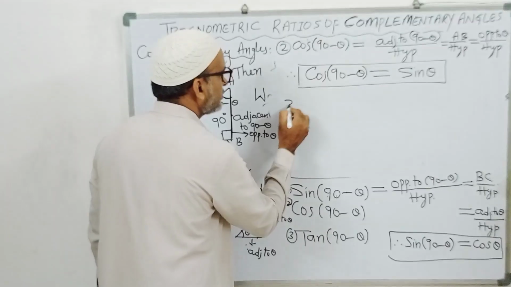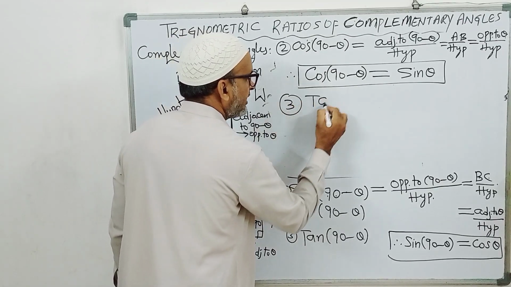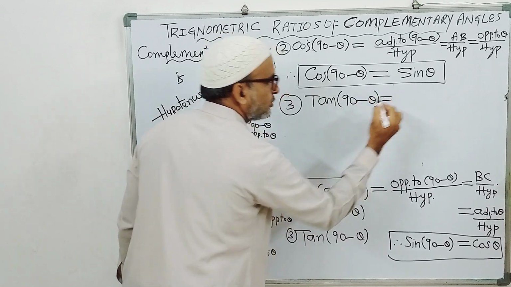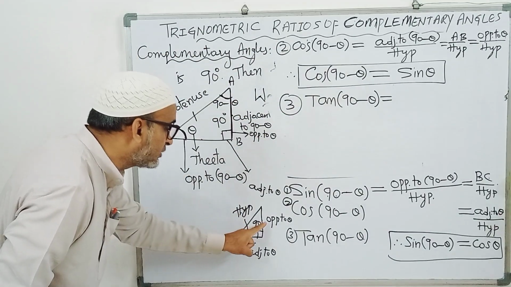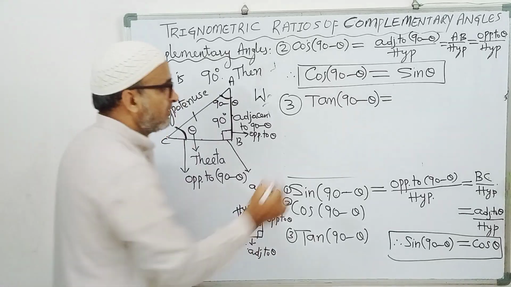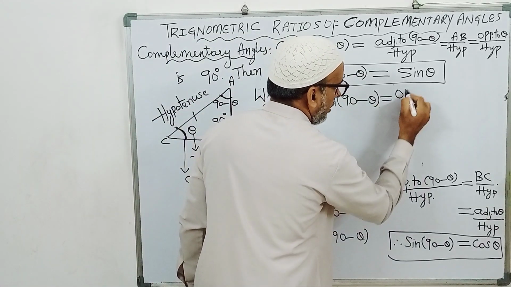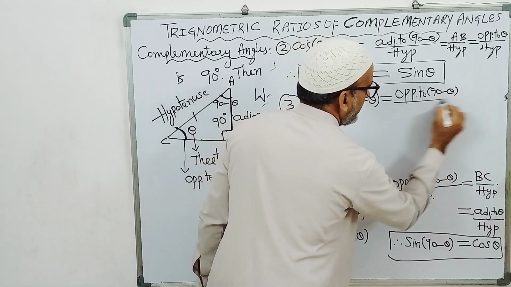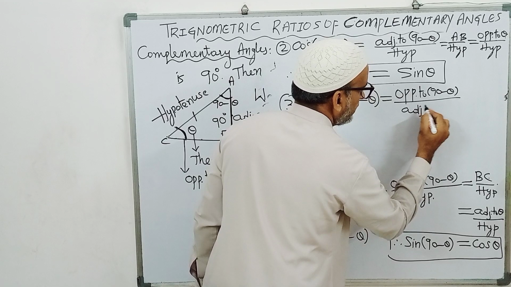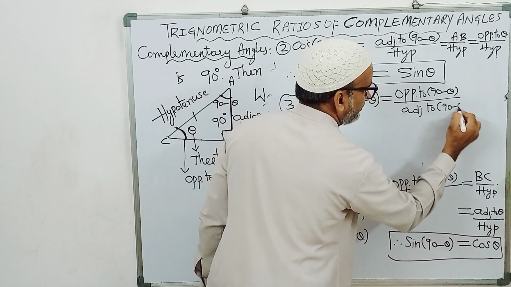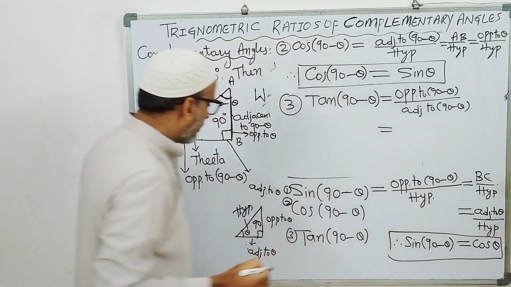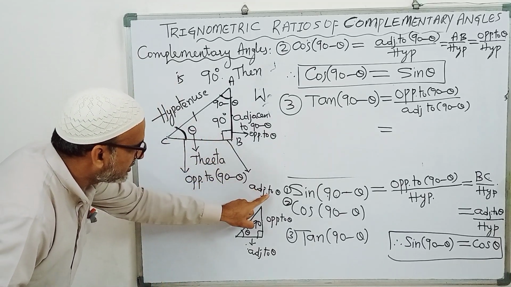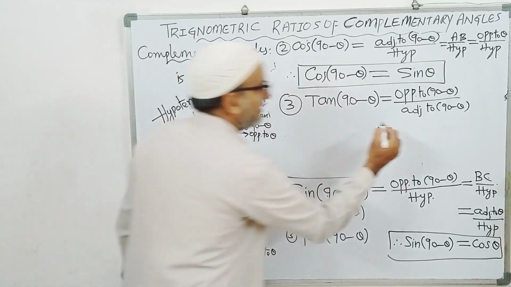Next is my third ratio, tan of 90 minus theta. Tan means opposite by adjacent. Means opposite to 90 minus theta by adjacent to 90 minus theta. Opposite to 90 minus theta, another name is adjacent to theta.